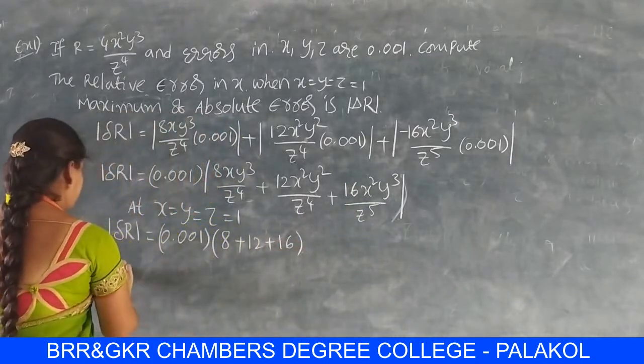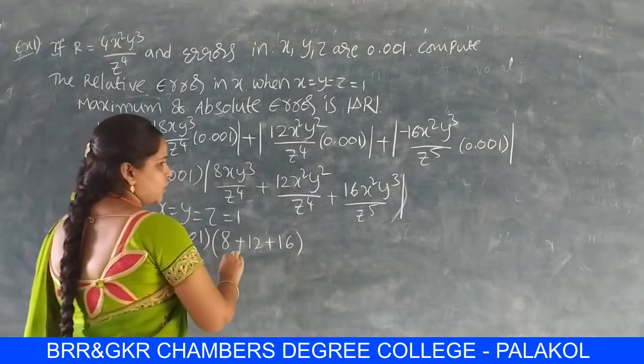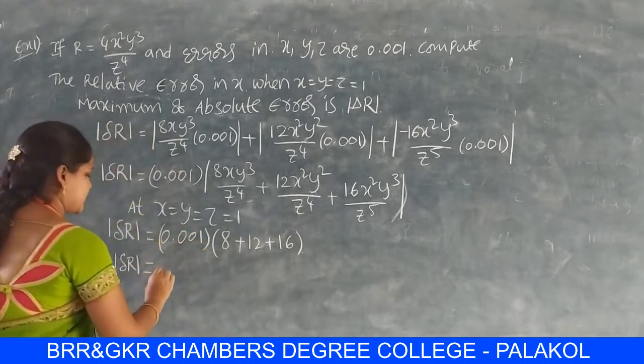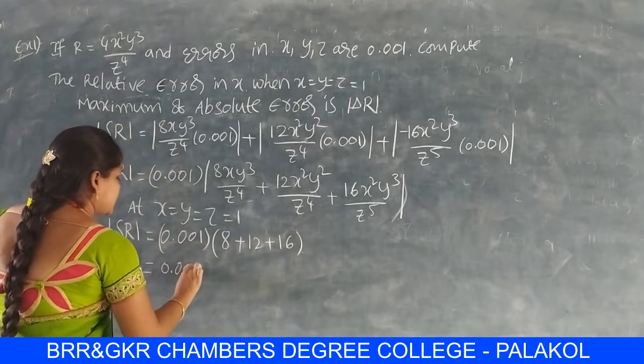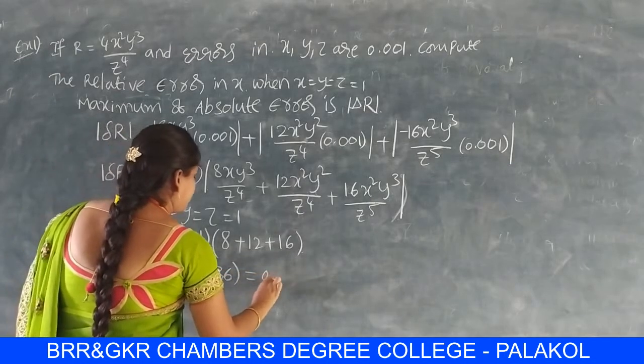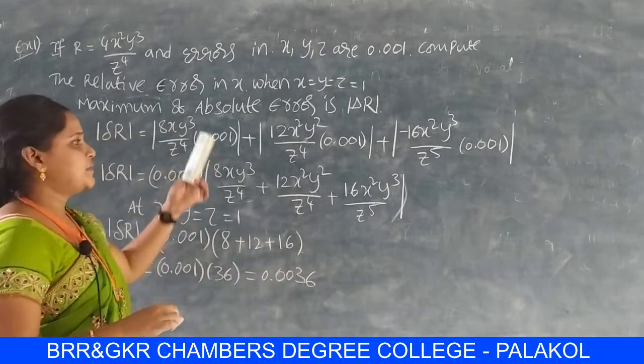So solving these values, modulus of delta r is equal to 0.001 into 36, that is 8 plus 12 is 20, 20 plus 16 is 36, which equals 0.0036. This error is called the absolute error.